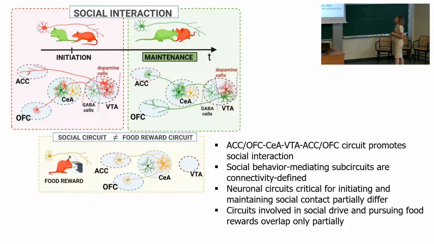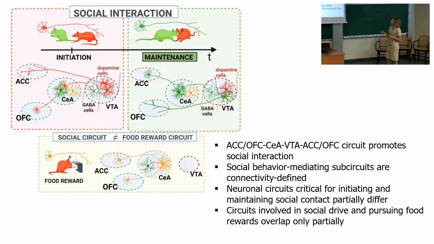And this is different from what was shown before for the basolateral part of the amygdala, which mainly inhibits social interaction. So this is like a positive driving force that starts social interaction.